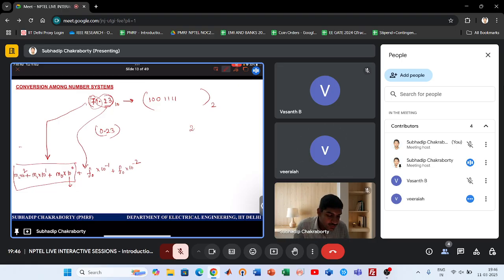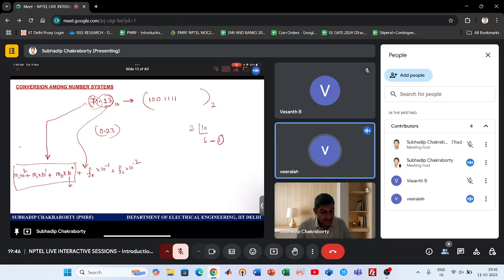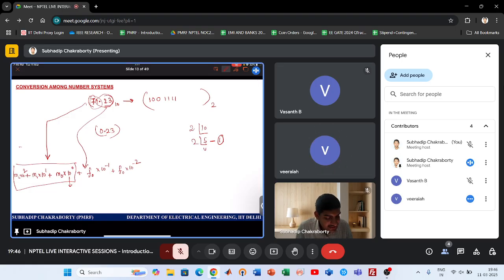Because once you divide a number, let's say 10, by 2 and get the remainder 1, what does it signify? This 1 signifies a higher place or a higher order than the previous term, because if you multiply by that many times, you will get back the number. So what I wanted to say is, if you continuously divide by 2, what will happen?